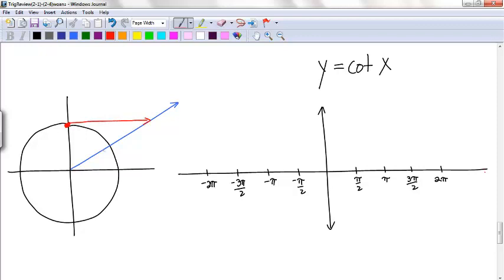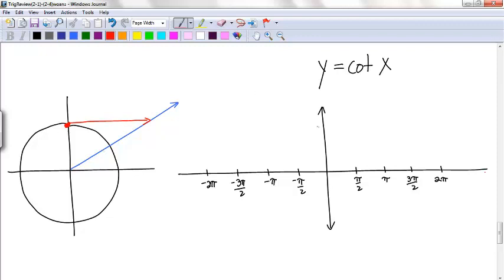As I extend that terminal vector down, when I'm at 0 for my terminal, that cotangent is shooting out to positive infinity. As I start bringing this up, cotangent starts getting shorter. So at 0, it's at positive infinity.